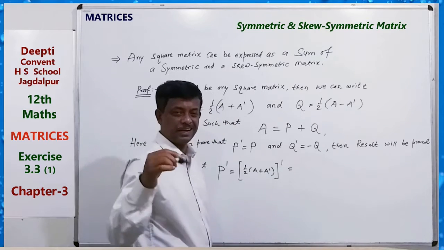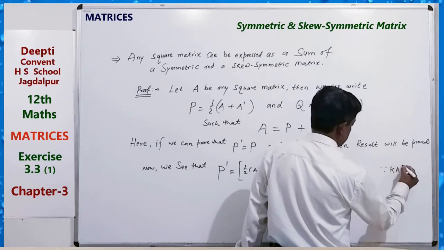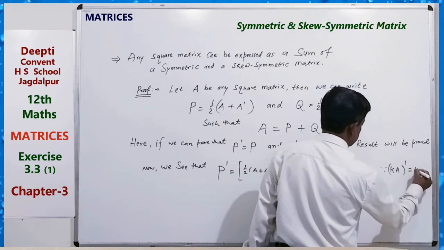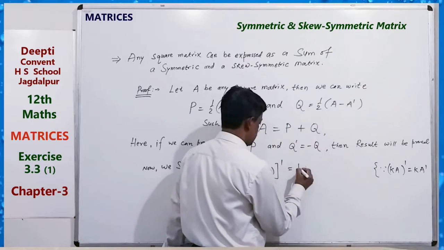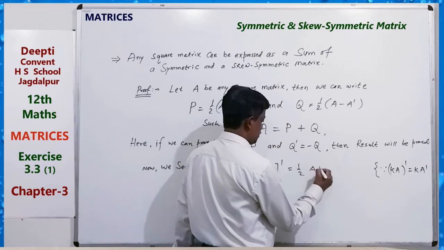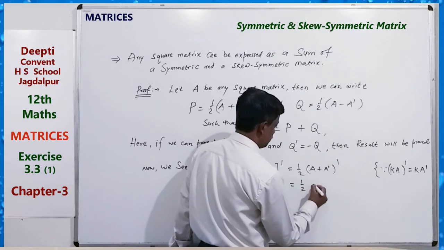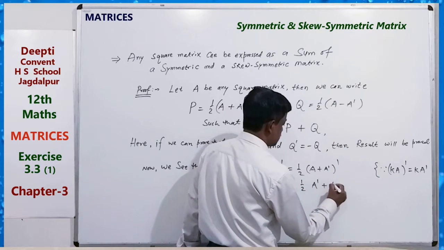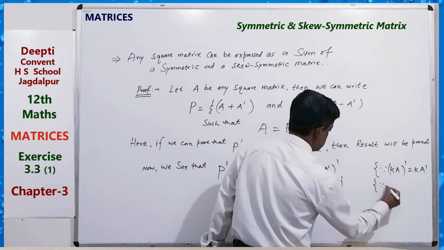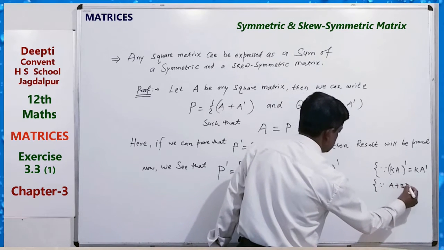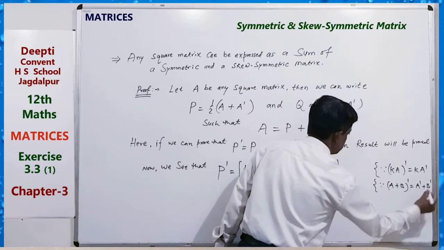We know that for a constant k, the transpose of kA is k times A dash. So we can write half constant, A plus A dash, whole dash. This equals half of A dash plus A dash dash, since the transpose of A plus B equals A dash plus B dash.